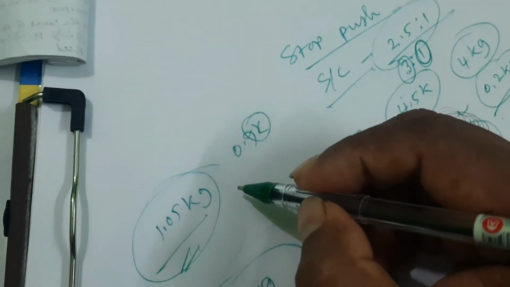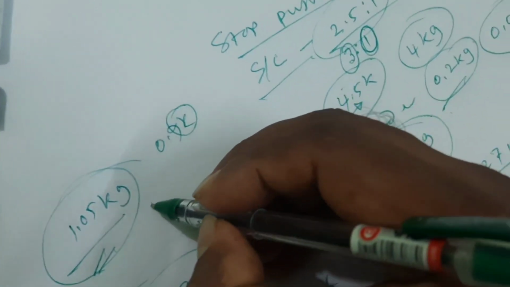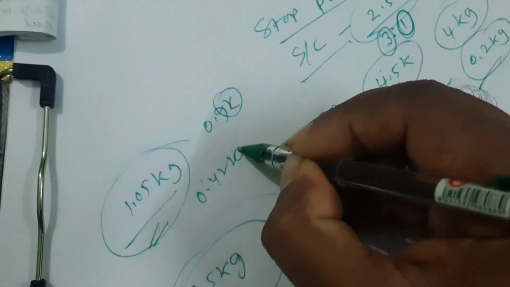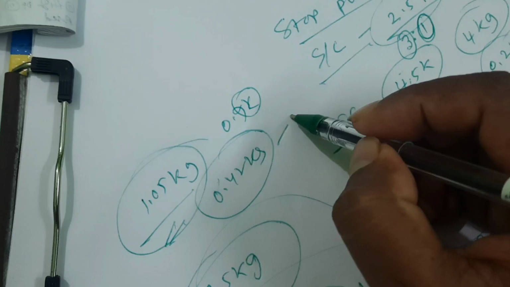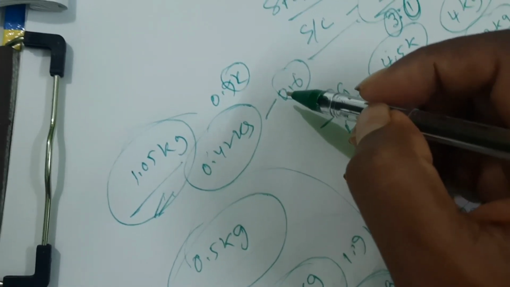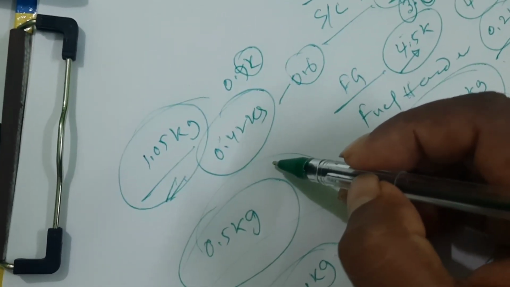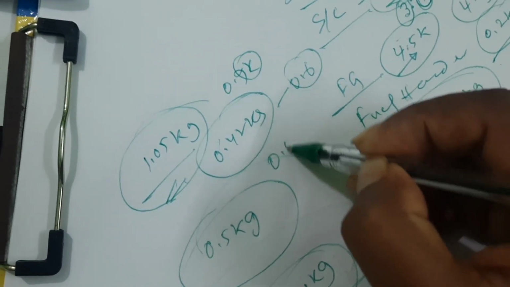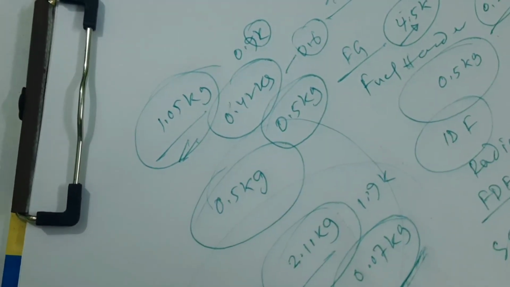And another one, if auxiliary boiler pilot burner pressure is low, that means 0.42 kg, the auxiliary boiler pilot burner will trip. Normally the alarm will come at 0.6 kg. And another one, if pilot checking line pressure is low, that means checking line pressure 0.5 kg, the auxiliary pilot burner will also trip.